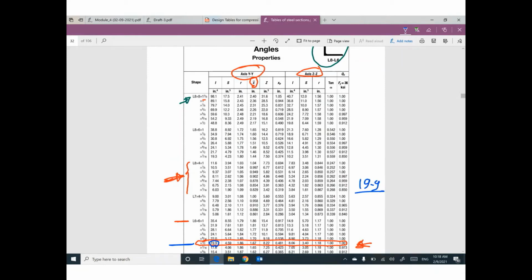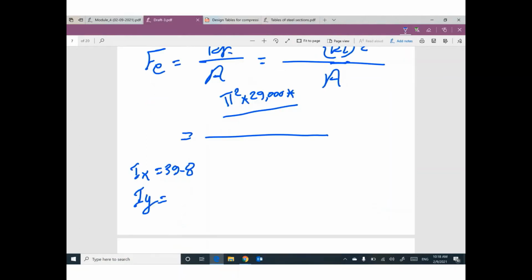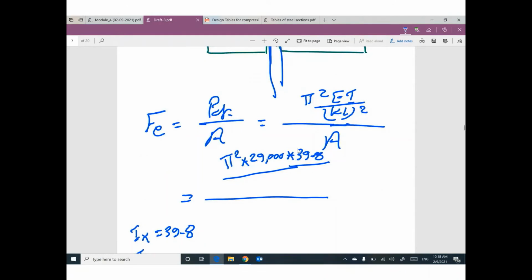So for two angles, I multiply it by 2, 39.8. That makes sense because they are equal legs. I'm going to use the smallest value, which is 39.8, the value of IY or IX, whatever.